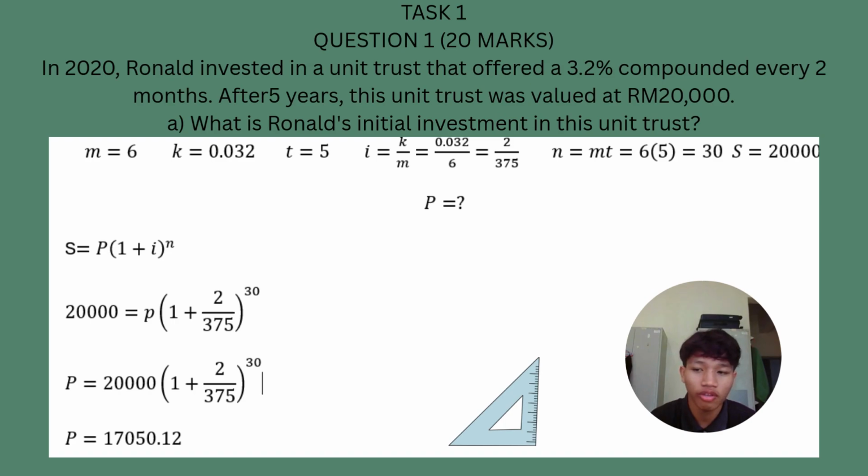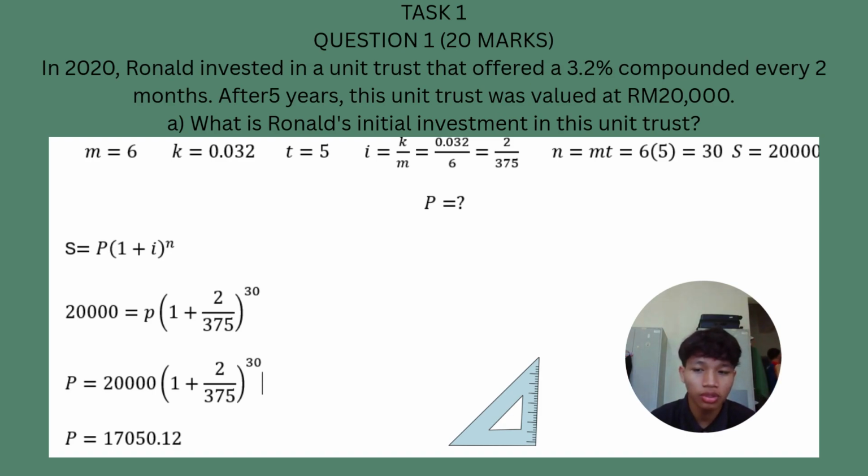First, we identify that the annual rate K is 0.032 because we divided by 100. Since the compounding happens every 2 months, it equals 6 times a year, so M is 6, giving a per period rate of I equals K over M equals 0.032 over 6 equals 2 over 375.